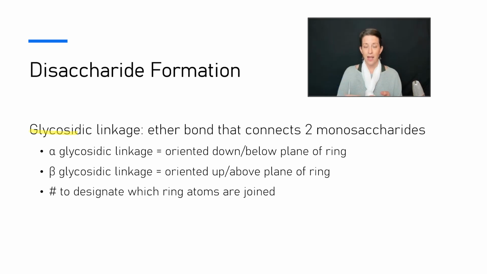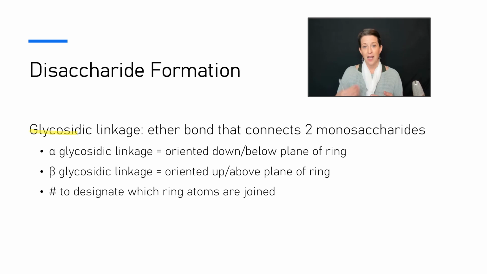Just like we have our alpha anomers and our beta anomers in the Haworth structure, we also can have alpha glycosidic linkages and beta glycosidic linkages. The direction of this bond is dictated by the first monosaccharide and the direction its hydroxyl group is going.